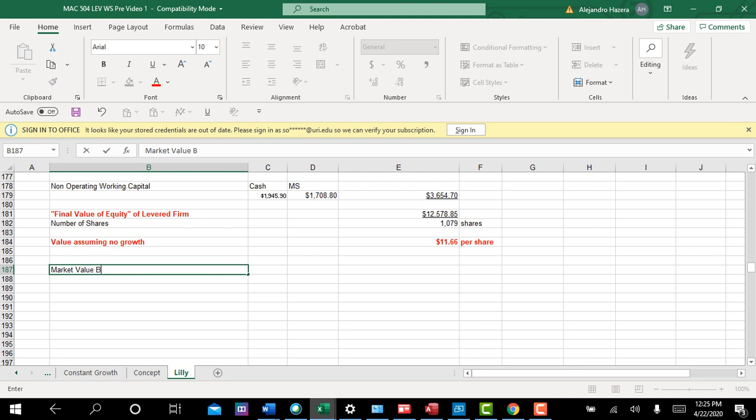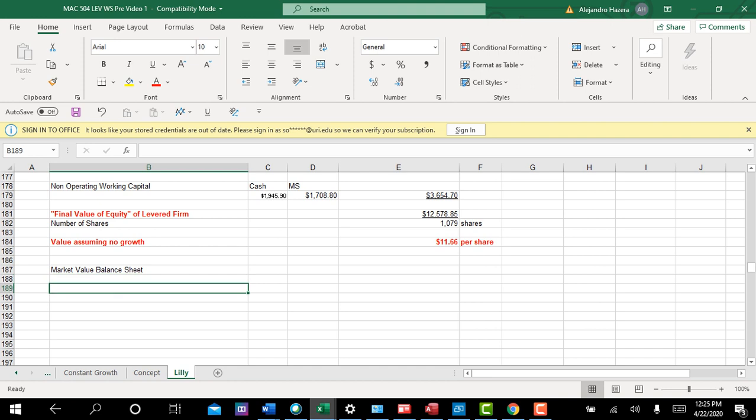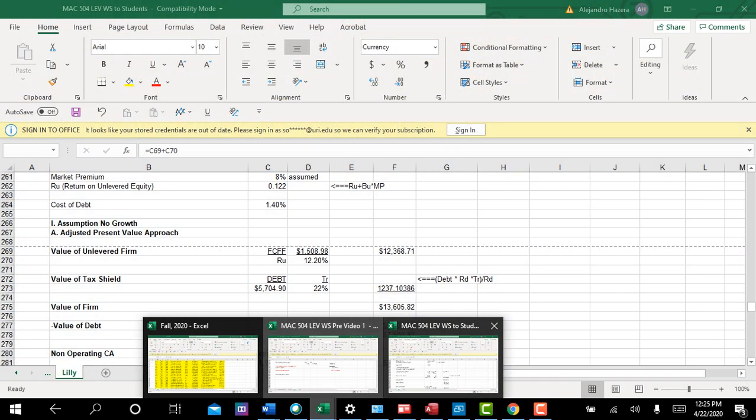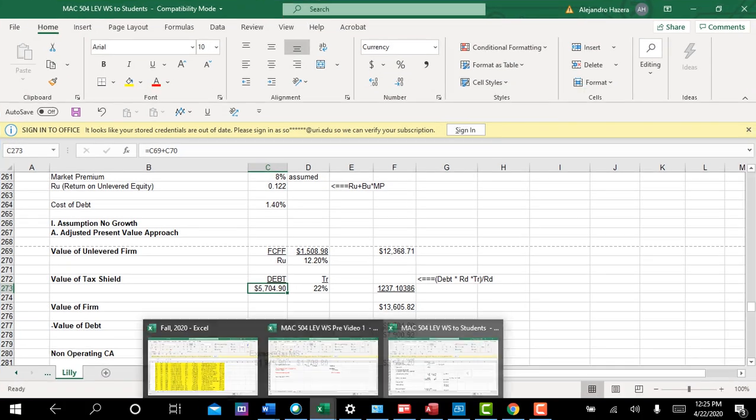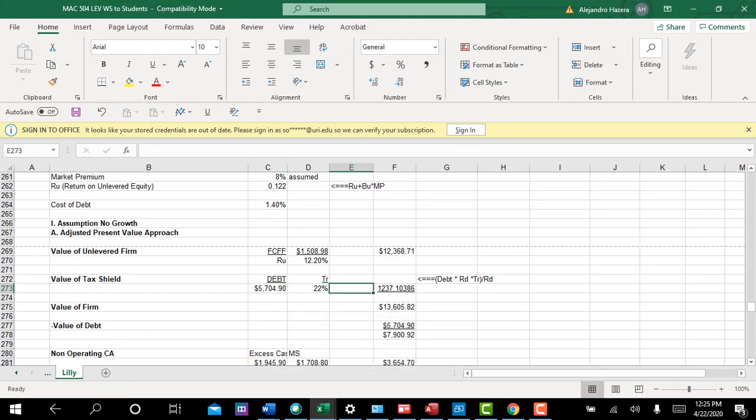Okay, and I'm going to finish this off by making something called a market value balance sheet. I may skip this until the next video. Actually, it may be instructive to do it in the next video.